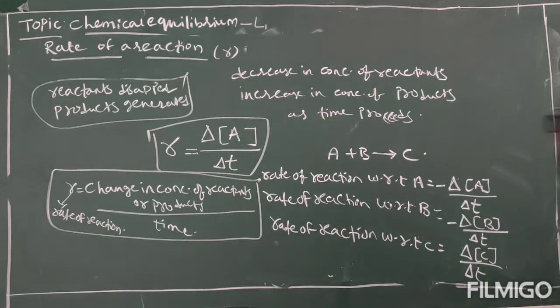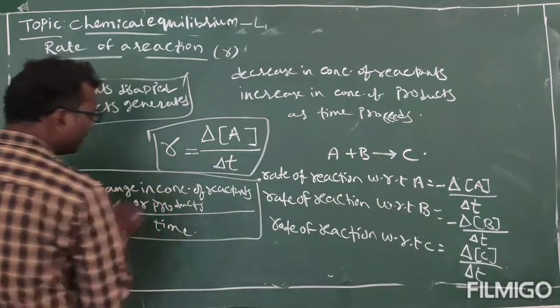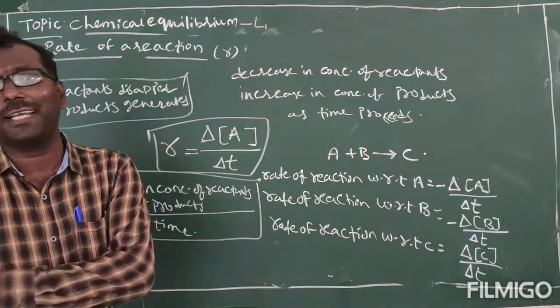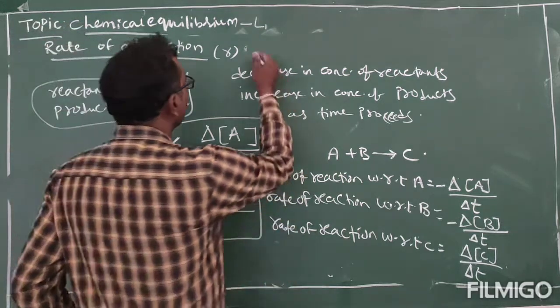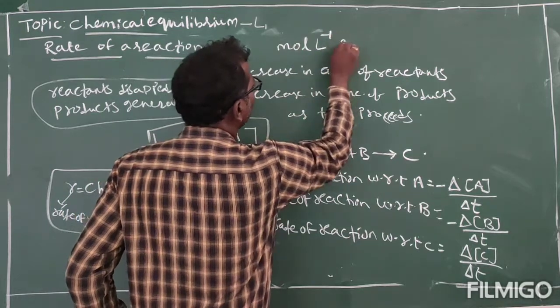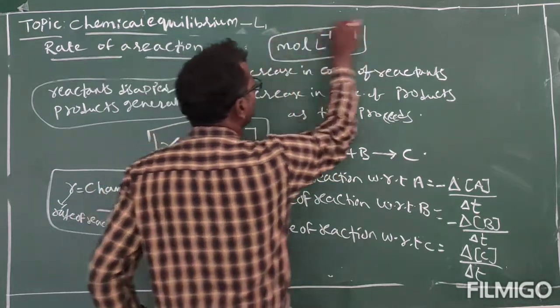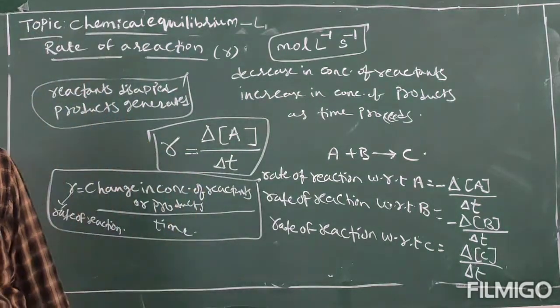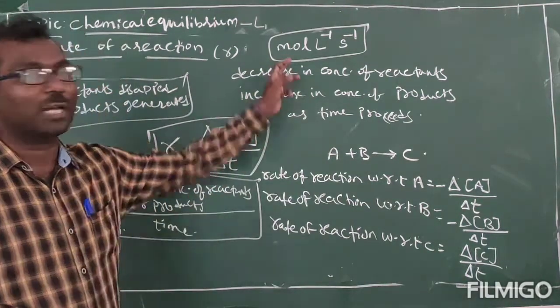Okay. Now concentration. What are the units we will see? Concentration means either molarity or whatever it may be. So the rate of reaction is in mole per liter per second, mole liter inverse second inverse, with respect to time.